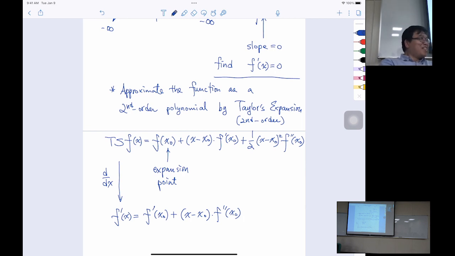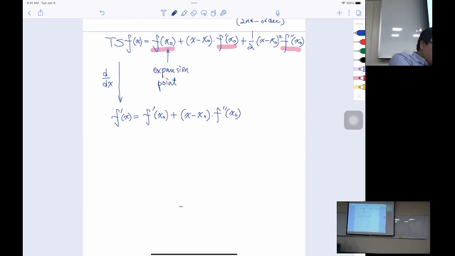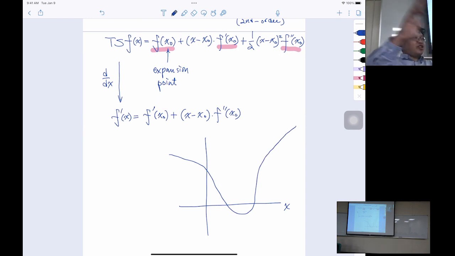Is it too much? It's calculus. So these are just numbers. Basically, it's like I have a function, it could be in any order, some high order function, and I have a point x0.